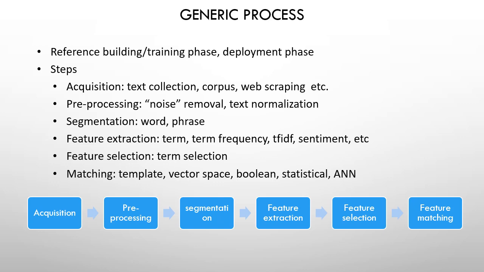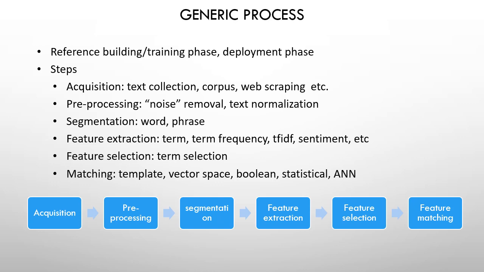The next step is segmentation, where we segment the documents into words, phrases, and so on, followed by feature extraction. A word might not be the feature that we want. We want to extract the features from the word, which is normally a term or a stem.